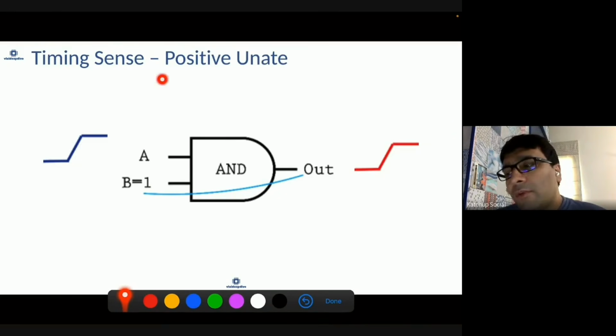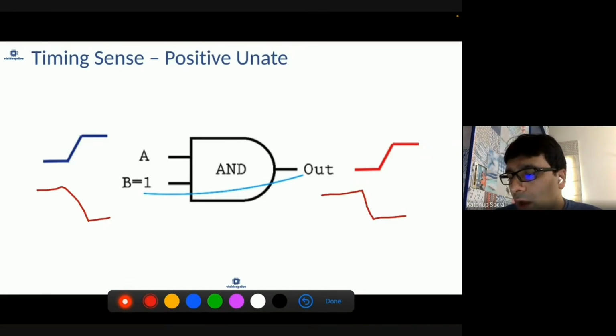One type of arc is known as positive unate, which means when the input rises, the output is also going to rise, or when the input falls, the output is also going to fall. These arcs are known as positive unate arcs. They follow the input in the same direction.